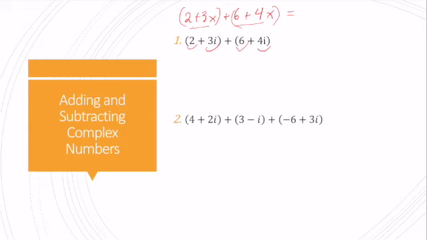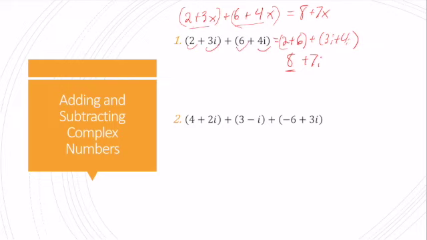So I'd get 2 plus 6, which is 8, and 3x plus 4x, which is 7x. So let's go down here. I have 2 plus 6 and 3i plus 4i. That gives me 8 plus 7i. And we always want the real part first. So it's really just like combining like terms.